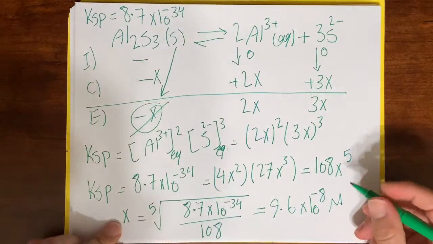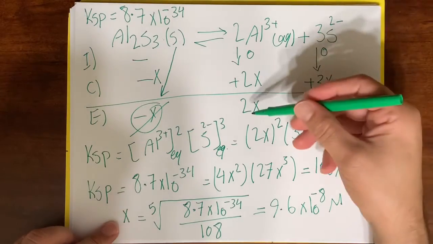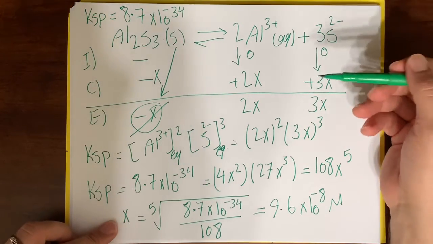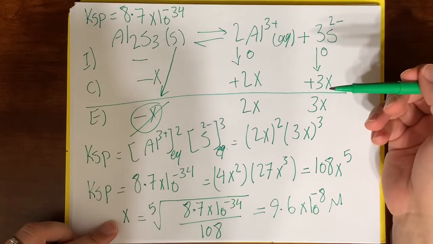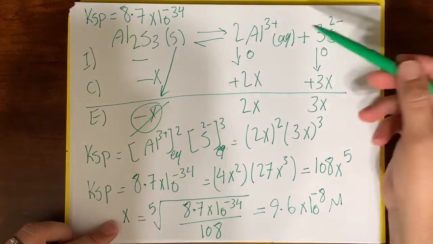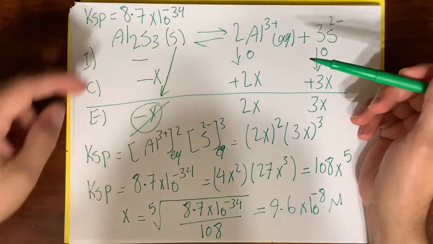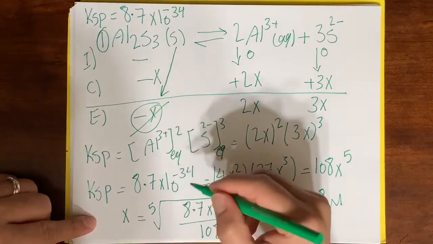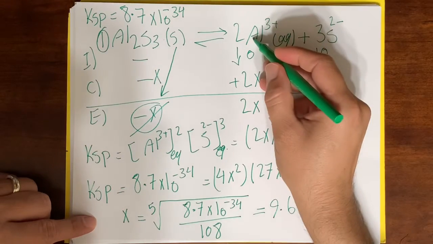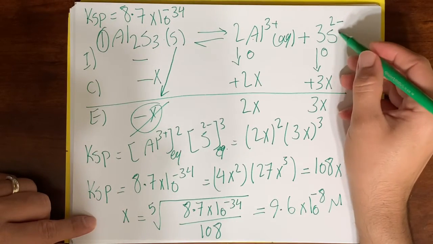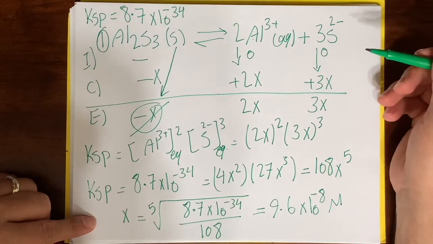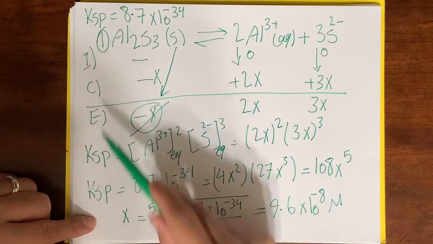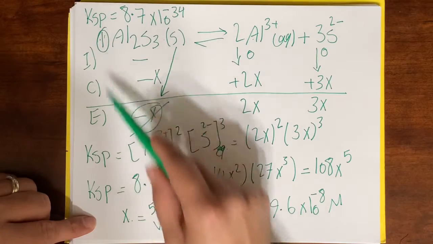What's the x? We don't have any compound that has x. So we need to find the concentration of those and define the molar solubility. This says if we go with 1 mole, we get 2 mole aluminum and 3 moles of sulfide. So if you want to know the molar solubility, you want it to be just 1x, and that's going to be the correct answer.